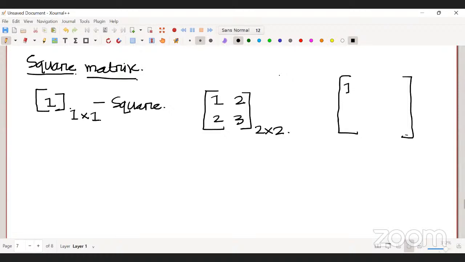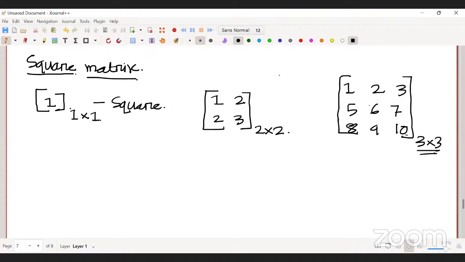Let me take 1, 2, 3, or 5, 6, 7, maybe 8, 9, 10. This matrix has 3 rows and 3 columns, so this is a matrix of order 3 cross 3. There is nothing special about 1, 2, 3. If you give me any natural number, I can construct a square matrix of that order.